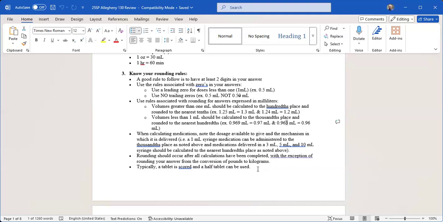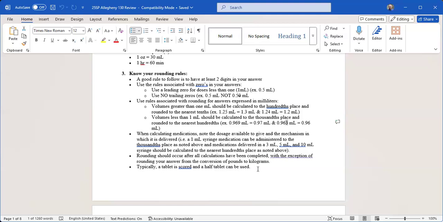You only round if you're changing your units of measure between different systems of measurement, meaning you go from pounds to kilograms, or ounces to milliliters, going between the metric and US standard systems. Then yeah, you can round.